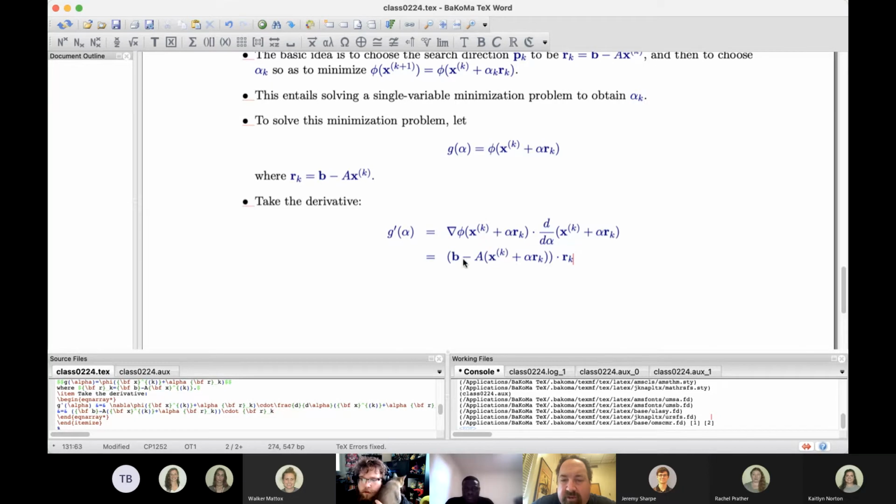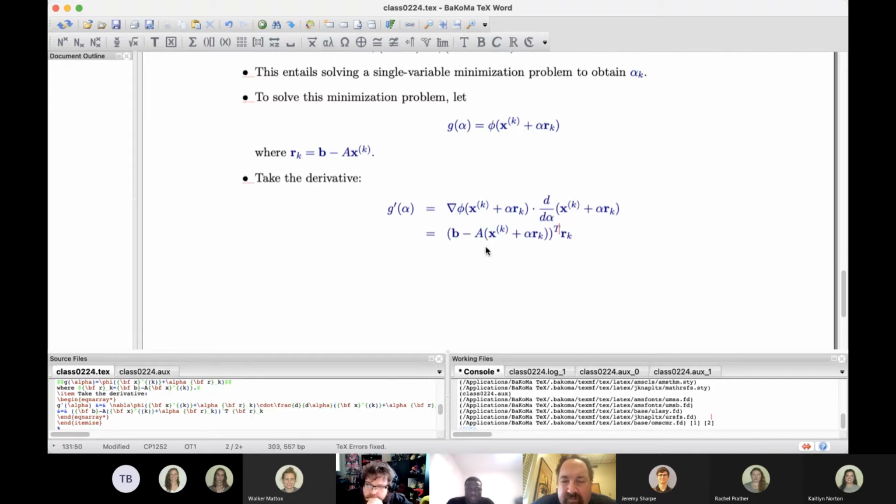Now here we have a dot product of this vector with this vector. So I'm going to write it this way as a transpose, since that's how you write a dot product. Now, do a little algebra here. I'm going to distribute the A through all this.